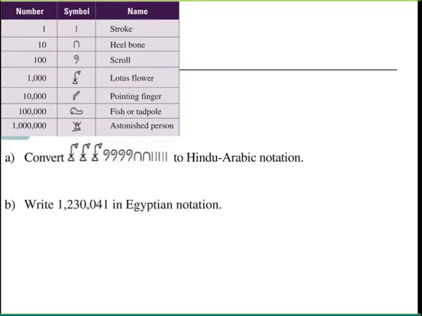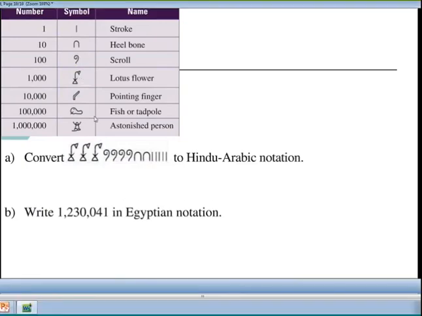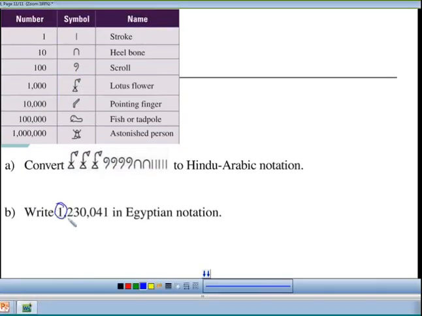And so we can also convert this into our Egyptian notation and actually draw the symbols, but what we want to recognize is that we've got 1,200,000. So basically what you're doing is you've got 1 of these figures, 2 of these figures, 3 of these figures, none of the next, none of the next, and then we've got 4 of our heel bones and 1 stroke.